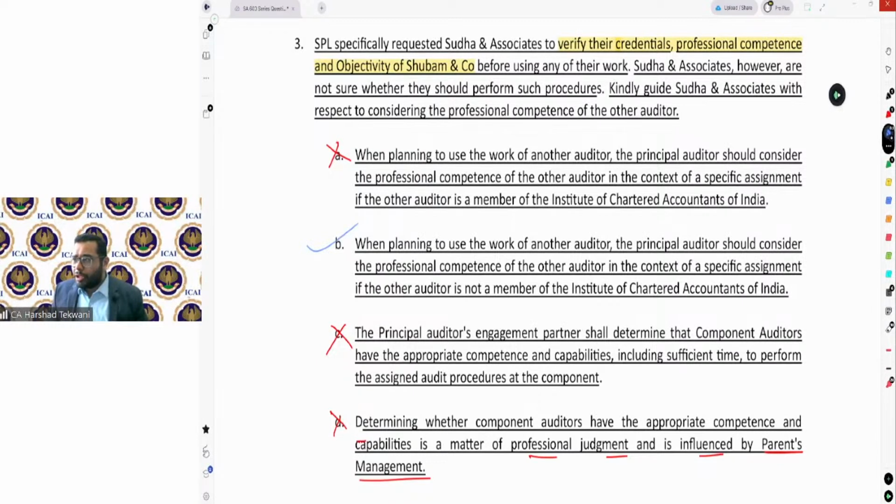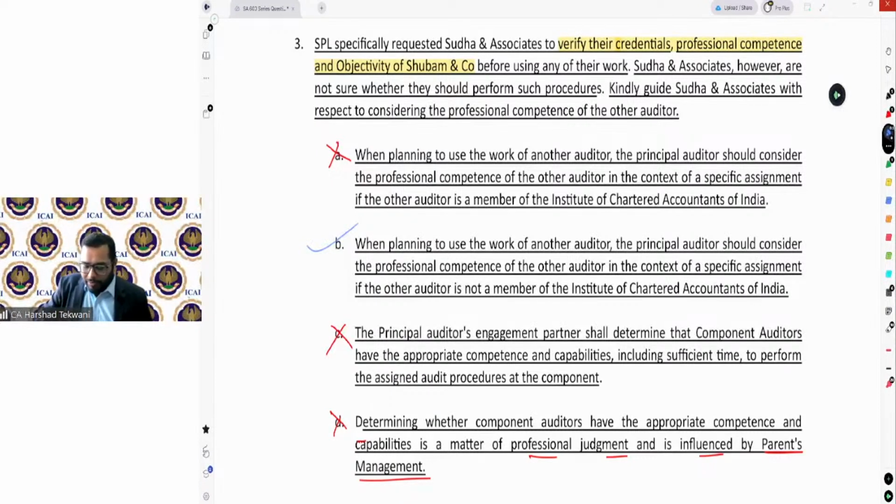There are a few terms that we will be using interchangeably: component auditor, other auditor, auditor of component entity, auditor of subsidiary. All these terms are similar, but what they mean is the auditor, other than the principal auditor, with the responsibility for reporting on the financial information of the component, which is included in the financial information audited by the principal auditor.